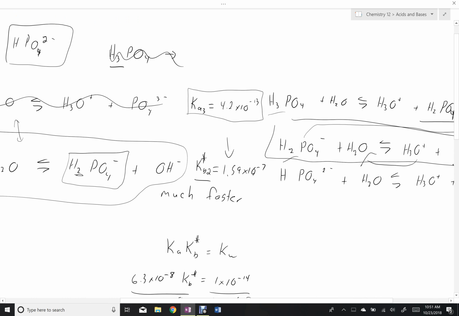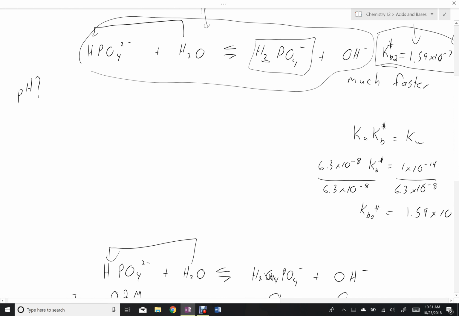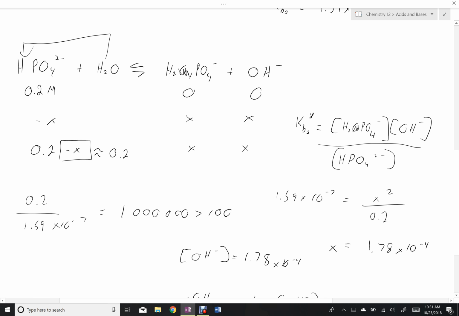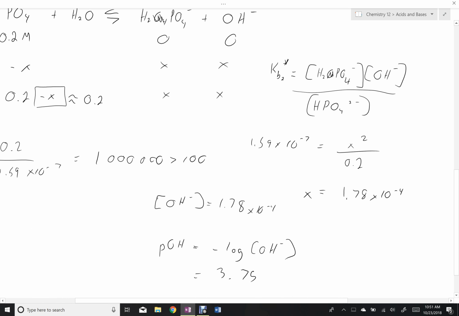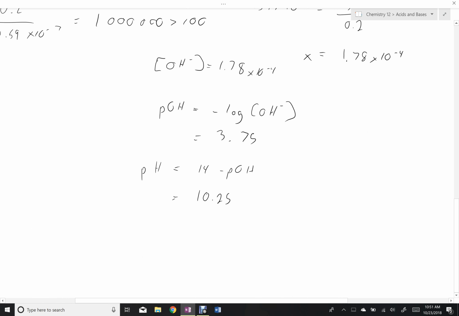When we do that, we can see the Kb associated with the reverse process is much bigger than that. So when we go to do our pH, we simply focus on the fast process, and then we can come up with the amount of hydroxide that's created, and then we can do our typical stuff where we use that to find the pH. So that's what you can do if you have a substance that could act as an acid or a base, and it's not reacting with an acid or a base, but it's simply existent in distilled water.